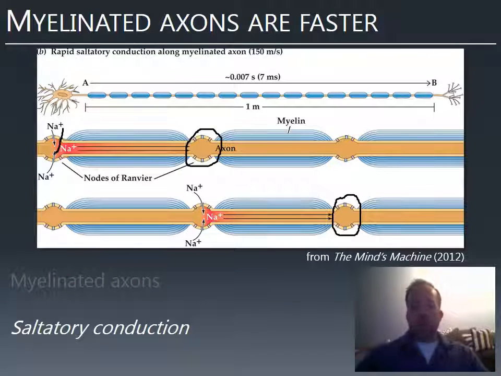And this is what's called saltatory conduction. Saltatory, not from salt, but from the word to jump. So the change in potential is really jumping from one of these nodes to the next one. And it happens very, very quickly. This sort of impulse can travel 150 meters a second as opposed to 10. So it's a much faster impulse. You can transmit information much faster, which is great for things like reflexes or muscle movements.